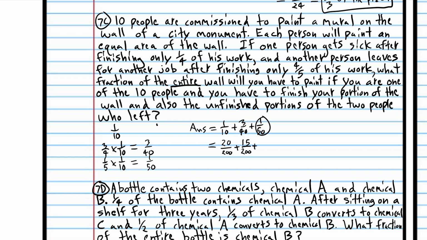Multiply both sides of this fraction by 4, and you get 200. All right, so now we add those up, and you get 39/200. So you have to complete 39/200ths of the mural.